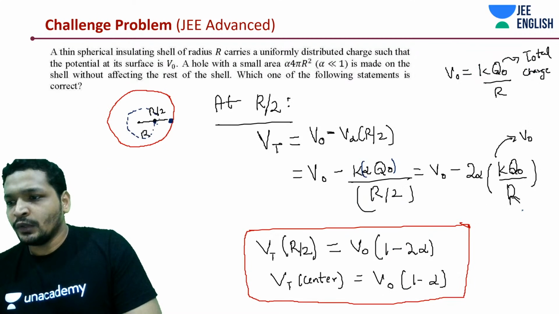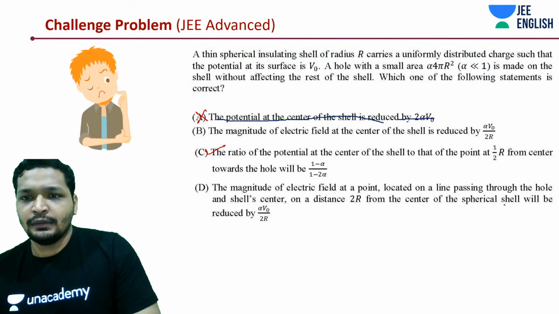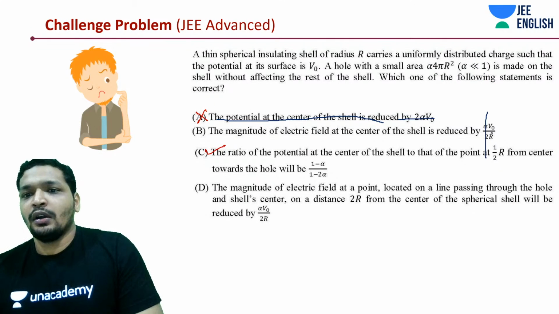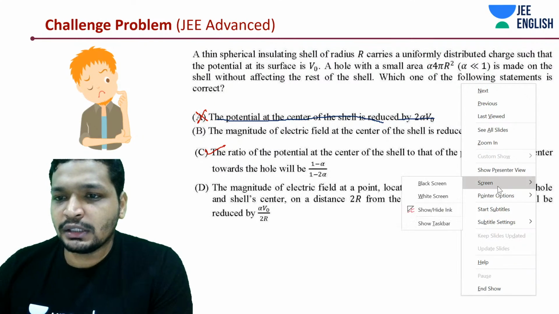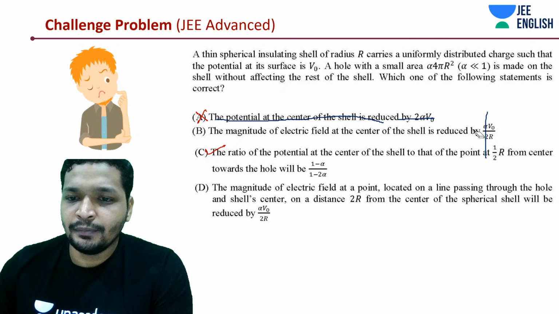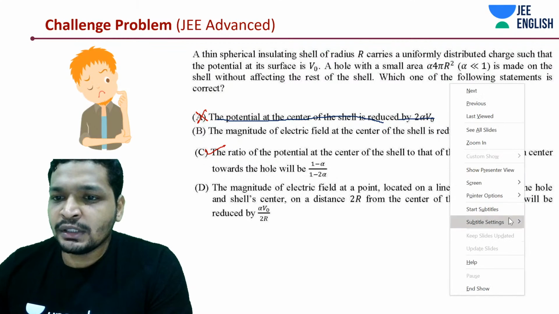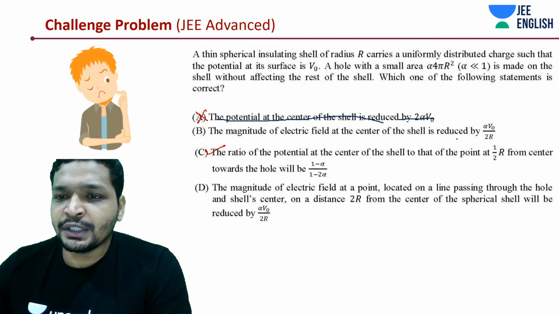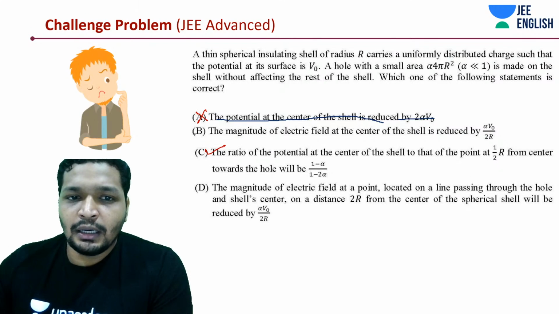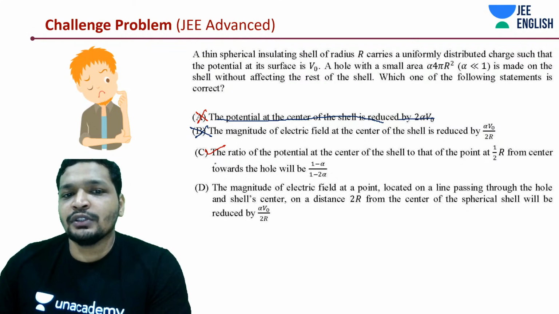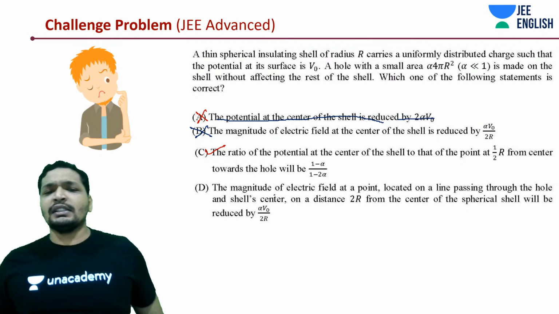So that means this is wrong. That says by 2R. You can similarly do it for the fourth option. But let's understand this point. This is also false.